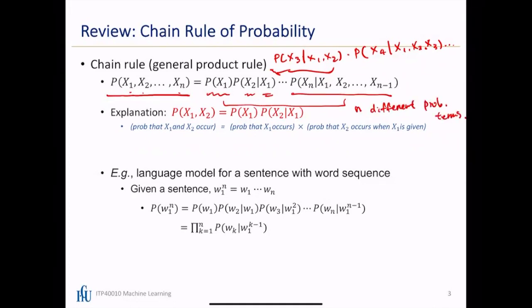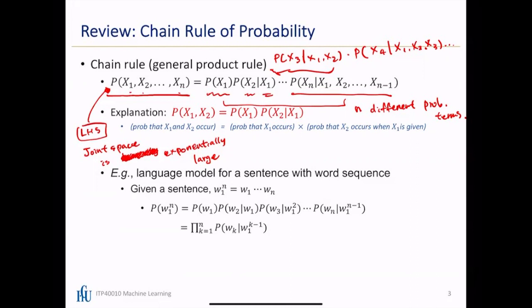The advantage of doing this, like I mentioned, is that the left-hand side is the joint space. The joint space is basically exponentially large in terms of the number of variables, so you are growing the search space of your probability space.